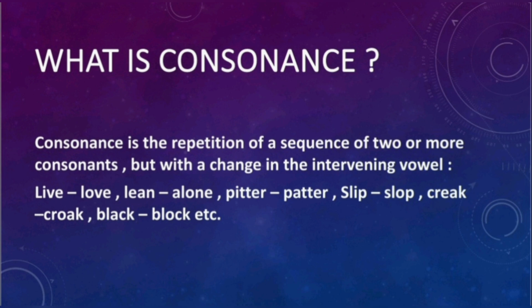The next one is slip, slop, the consonant sounds are the same but the vowels are different. Similarly, creak and croak. The next example is black and block. There is a repetition of the consonant sound, but the vowel sound is different.